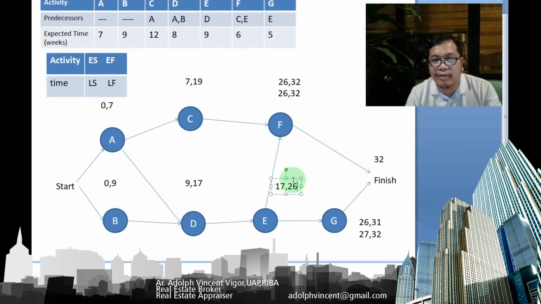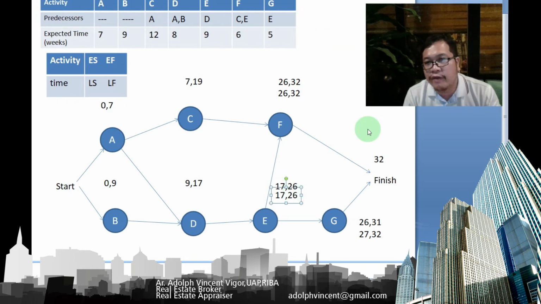Now let's go to letter E. For letter E, it has two successors, which is F and G, and then the lowest between the two, 26 and 27, is 26.